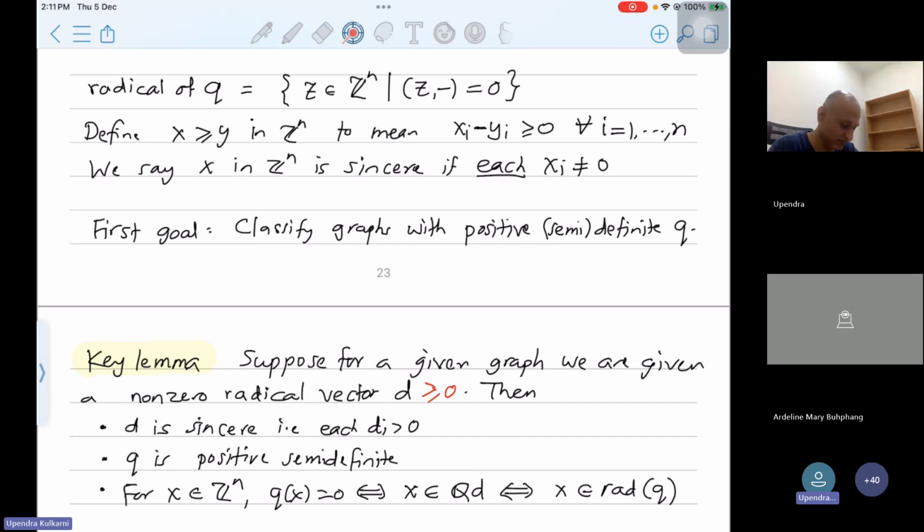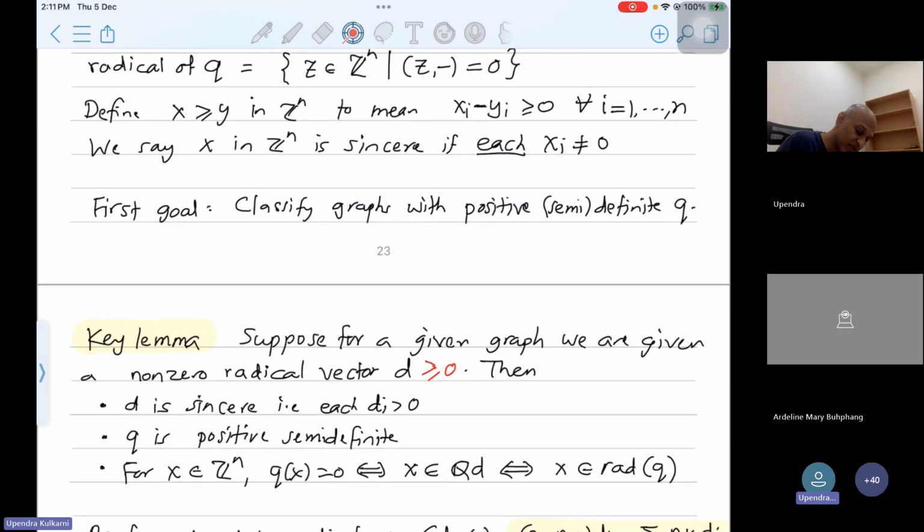This is a simple thing that we will prove right away. And moreover, we will be able to tell in the end precisely what the radical is. The radical of the form is going to be nothing more than multiples of this vector d, rational multiples of this vector d. Remember, I keep on saying vectors, but I'm really working over here in Z to the n.